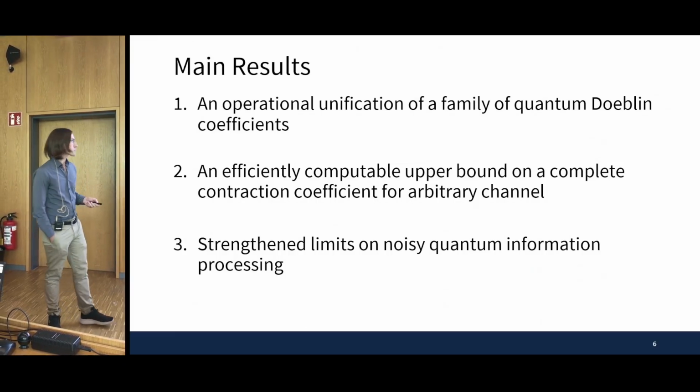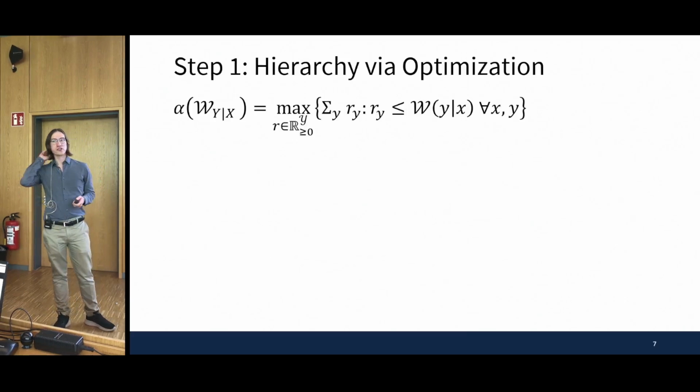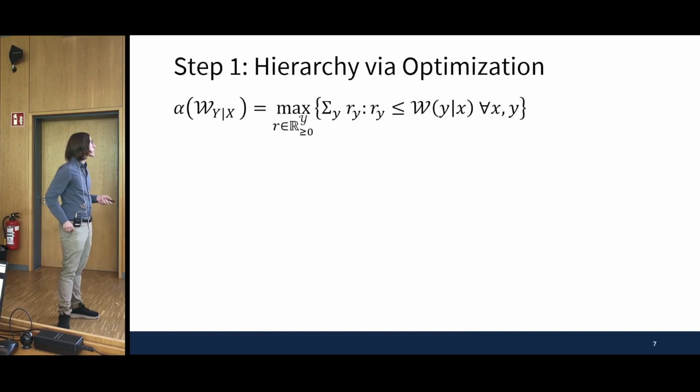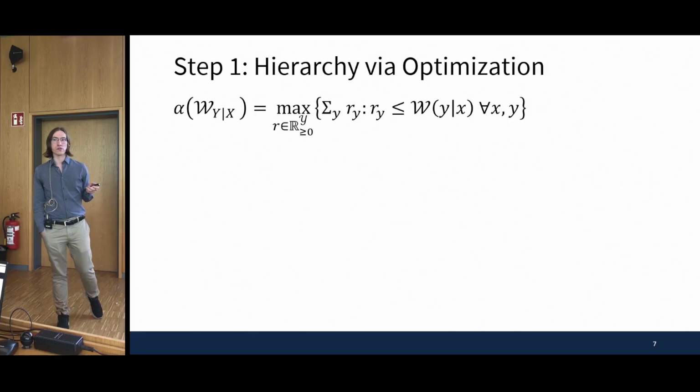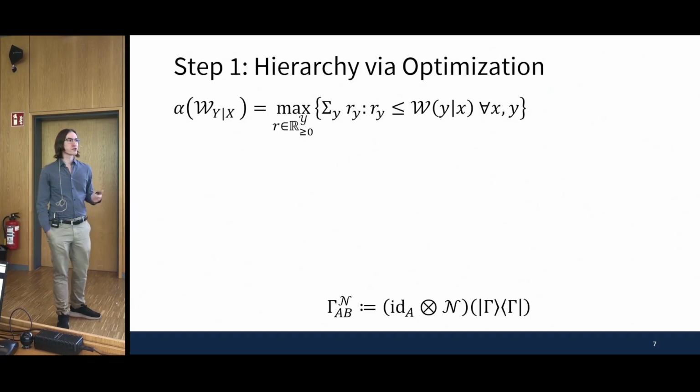Okay. So let's start by unifying these contraction coefficients. We could start by thinking in terms of hierarchy. One way of rewriting the classical Doeblin coefficient is this optimization over positive vectors, which is kind of gross but is a linear program. We can make it look a little bit cleaner by using the Choi formalism.